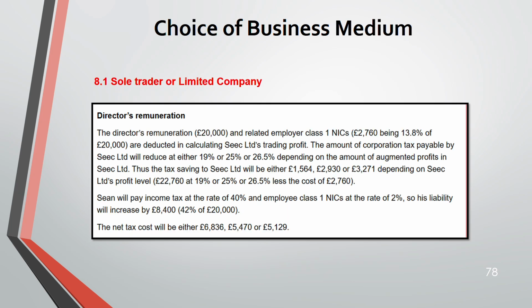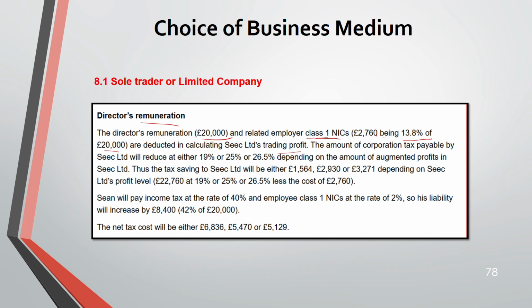Now, if it's director's remuneration, we'll take the cost. Let us say 20,000 we are taking as a salary. Based on this, we have to pay class 1 NIC on the director's remuneration. Employer's class 1 NIC: how much? It would be 13.8% of this, which is deducted in calculating the trading profit.